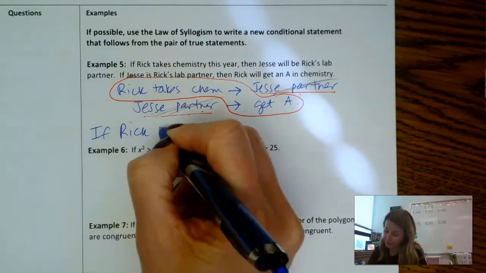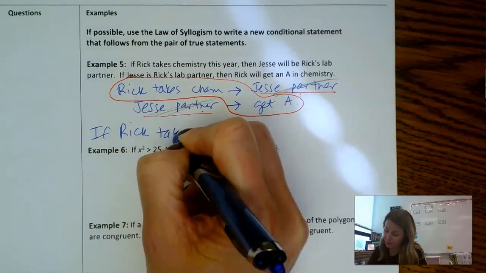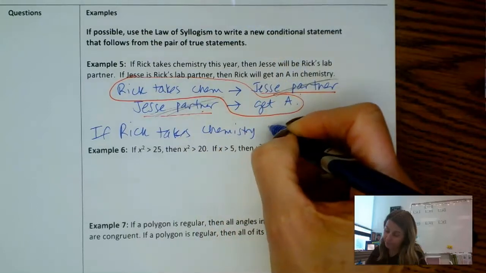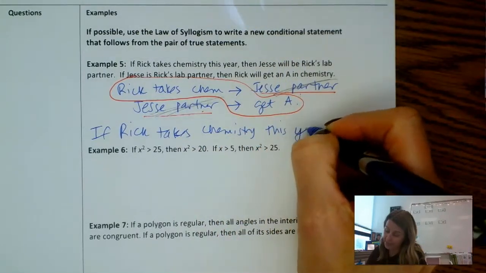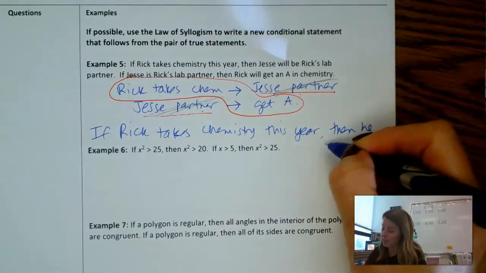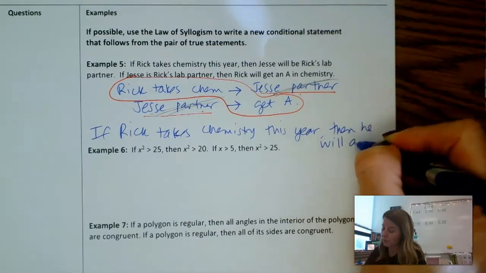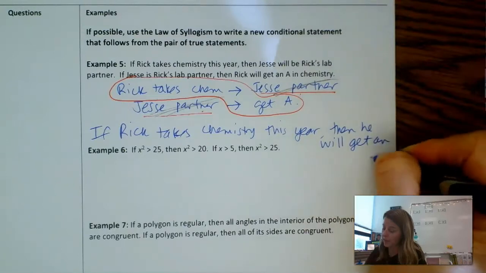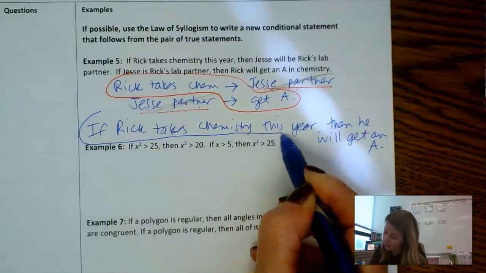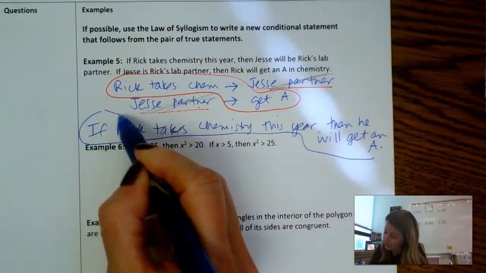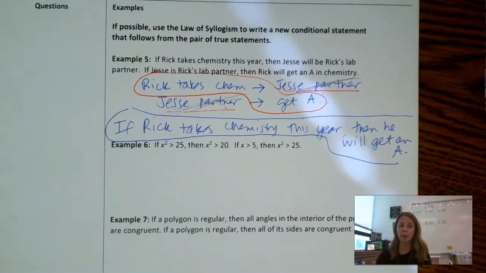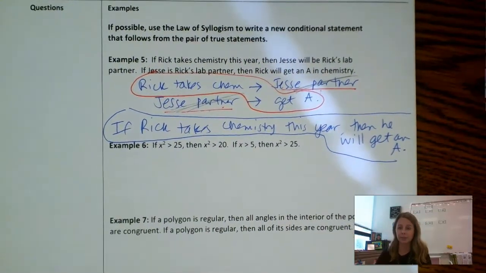If Rick takes chemistry this year, comma, then he will get an A. Okay? I'm going to circle this because this is your answer to law of syllogism. What I did in red was just a quick way for me to get to my answer easily.